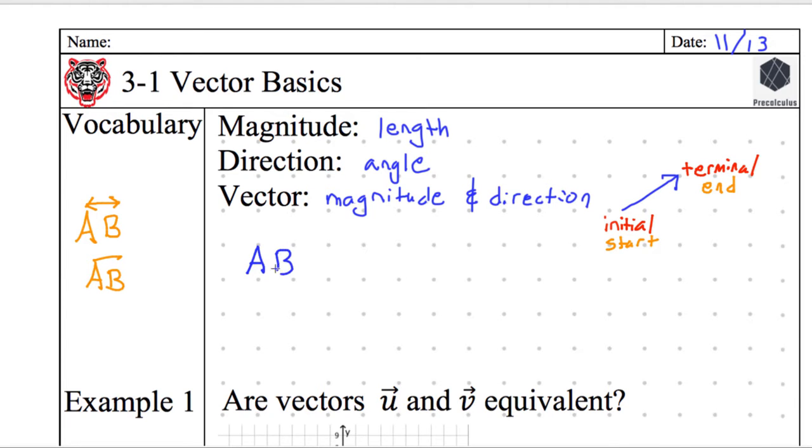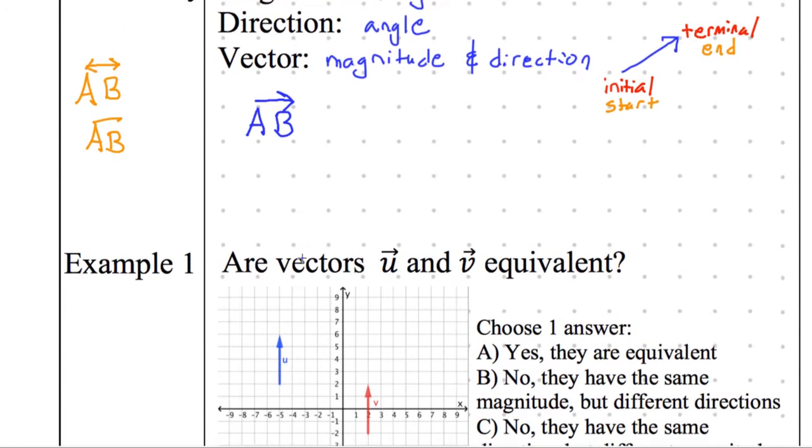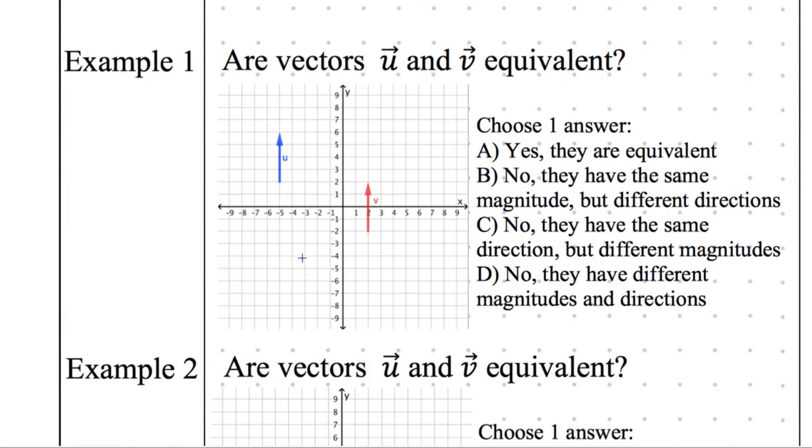Vector AB looks very much like ray AB, and it is a ray, kind of, but it does end. It's really a line segment with an arrow at the end, but that's how you say vector AB. We're not in geometry anymore, we're in Precalculus. So whenever you see this, say vector AB. So far so good?